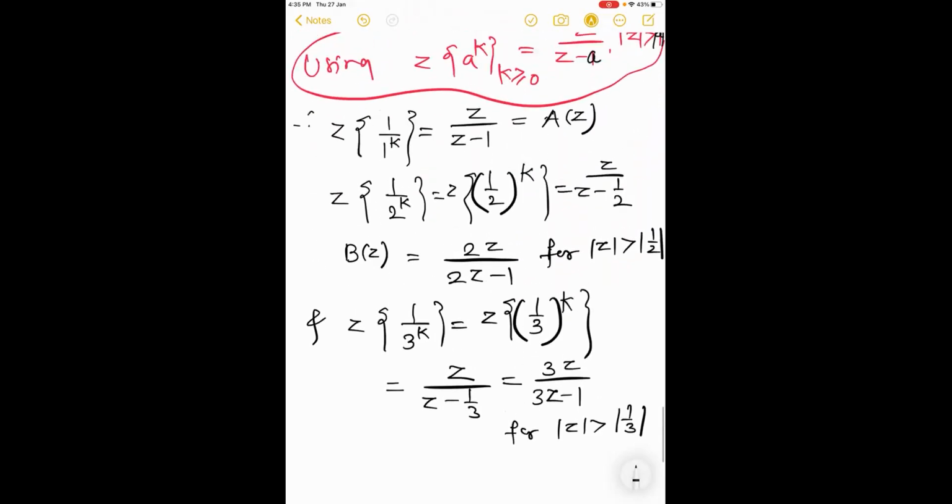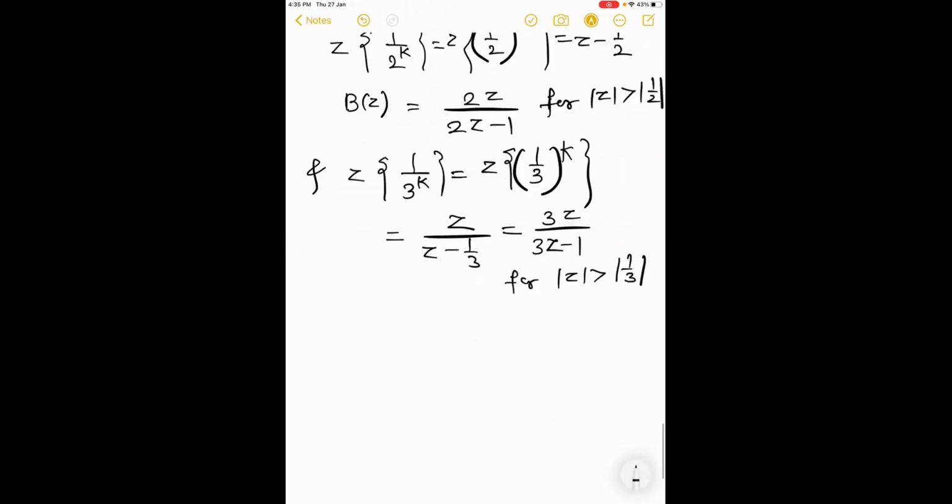And what our convolution property is telling: convolution of two functions f of k star g of k is nothing but the product of their transforms. So fz into gz, this is the transformed answer.